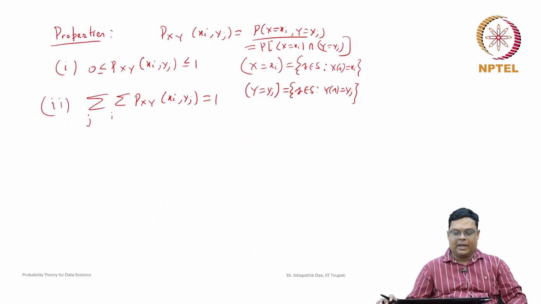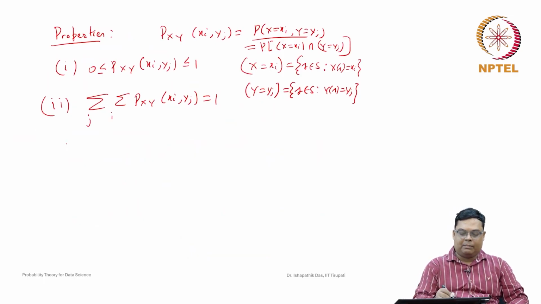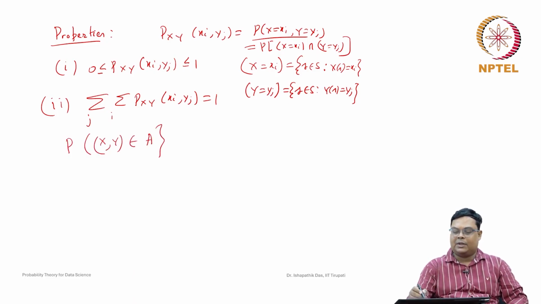And if you want to find the probability that x and y, this random variable pair, belongs to A, where A is a subset of this range of x i, y j, this will be nothing but the summation over all i and j such that x i and y j belong to this range.